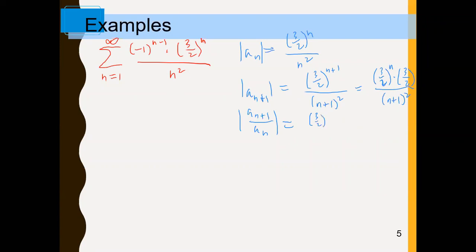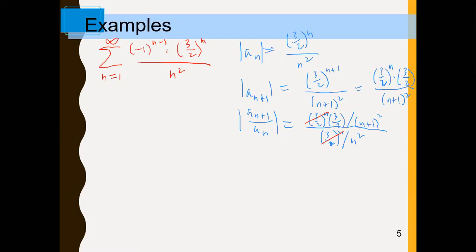That's the full ratio. Okay, so hang on a sec. So (3/2)^n times 3/2, divided by (n+1) squared, and that's divided by (3/2)^n over n squared, yeah? So you're saying, look, this junk right here cancels, right?